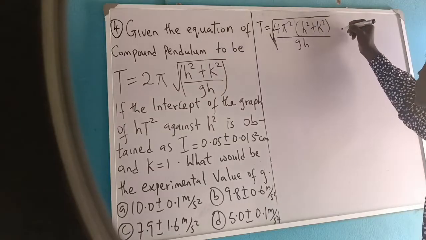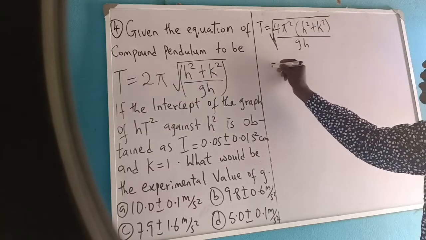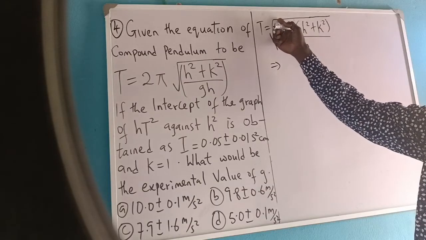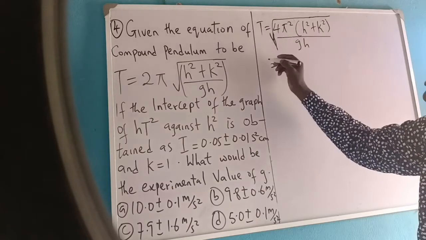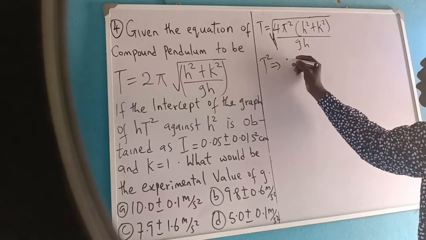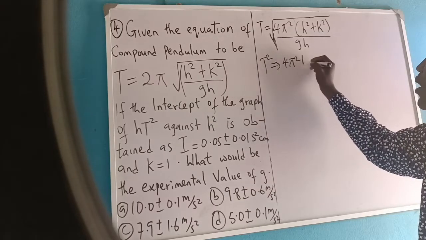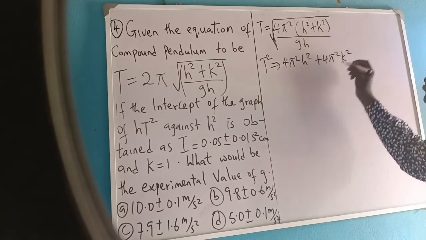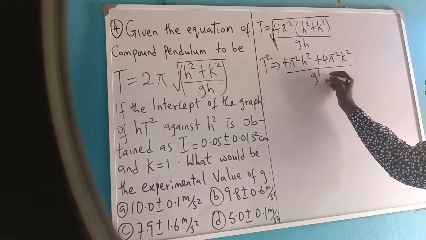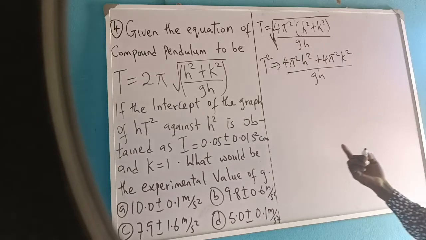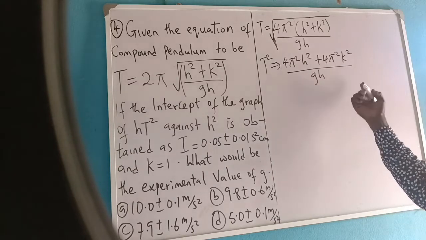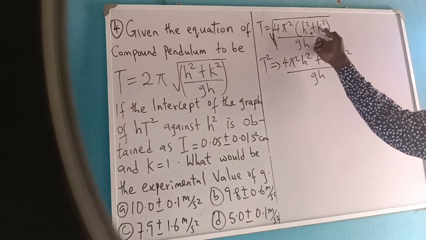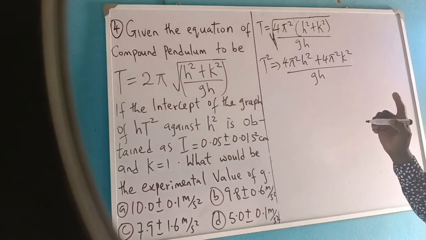So we will be saying now that to remove this square root sign, you square the other side. Have T square equals 4 pi square h square plus 4 pi square k square all over GH. Now, cross multiplying, so once you remove this, you square this, then use this to multiply this to open the bracket.